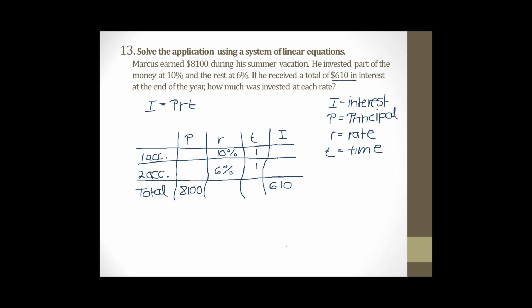So I filled in all the information that I've been given, and now I'm going to have to choose my variables. So for my first account, I'm going to choose X, and for my second account, I'm going to choose Y.